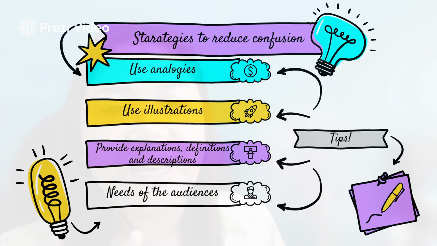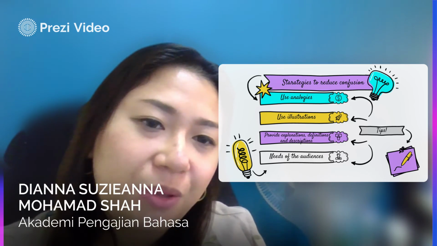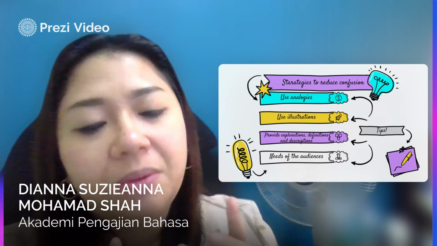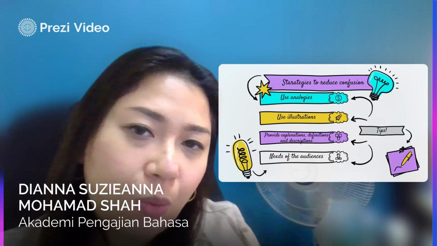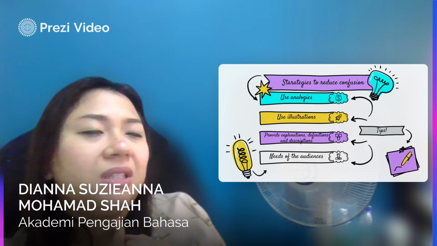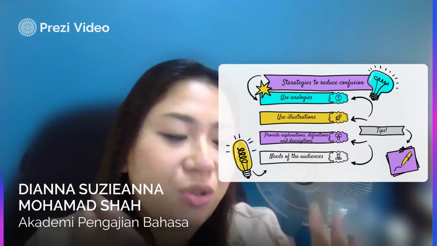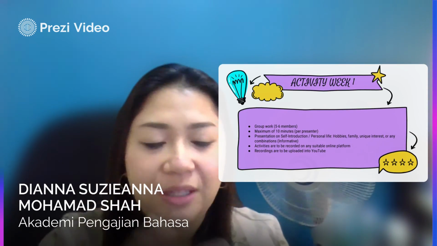But before I end the class today, before I end my video today, I would like all of you to do this activity week 1. All right, the deadline for this is going to be this Friday, because I would like to use that weekend to watch your videos. Let's take a look at what you should do.